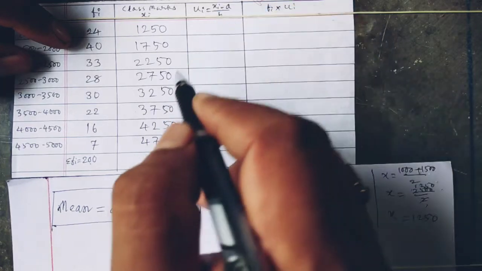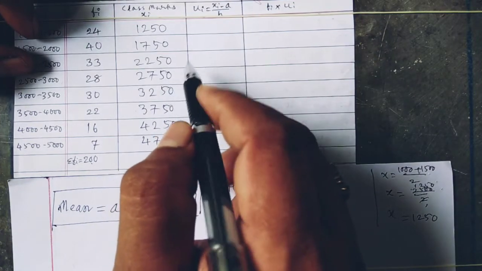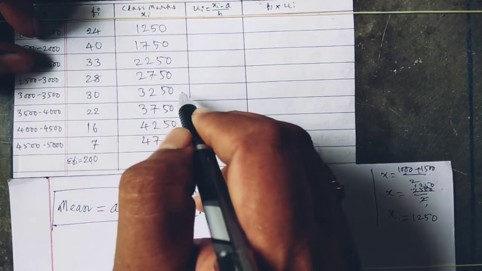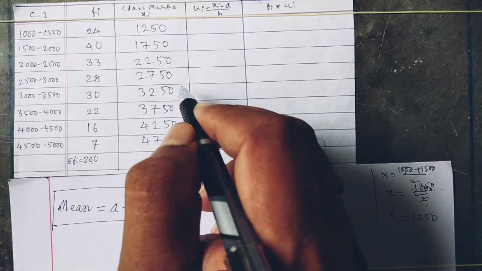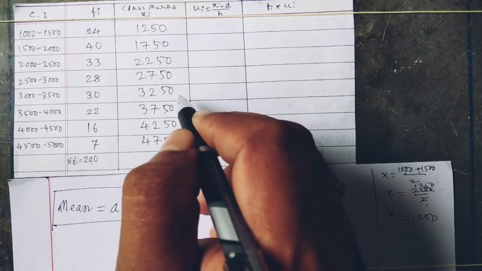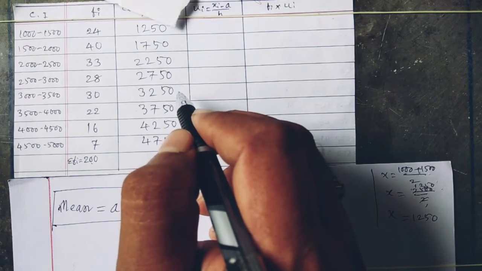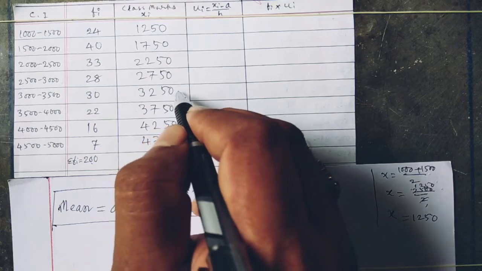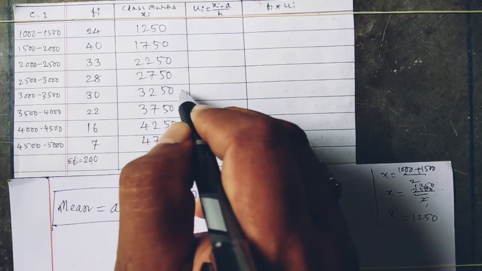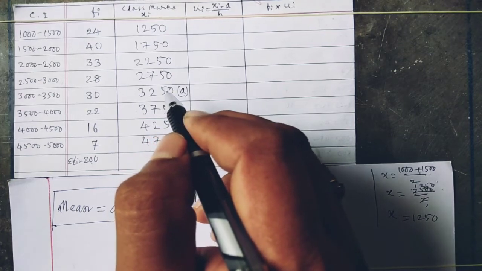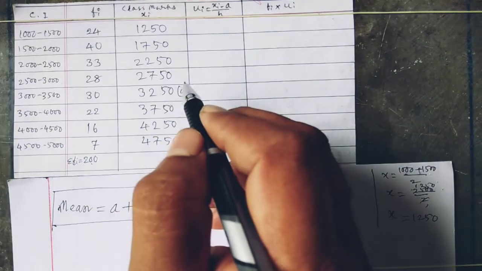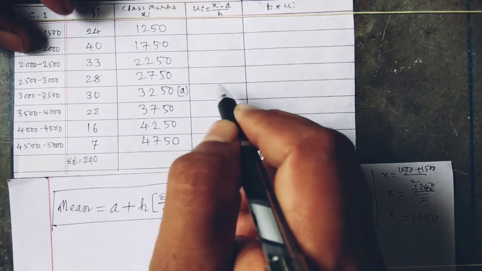For a, we have to take an assumed number. Generally, for the assumed number we can take the middle value. 3250 is the middle value, so here we can keep 0.